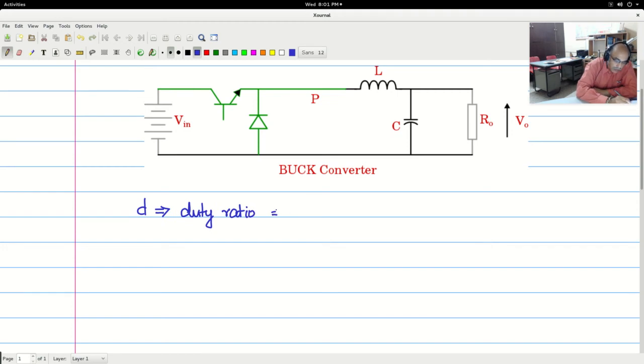This is the ratio of the on time by the total switching period.